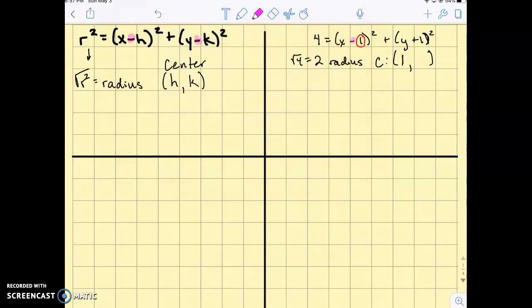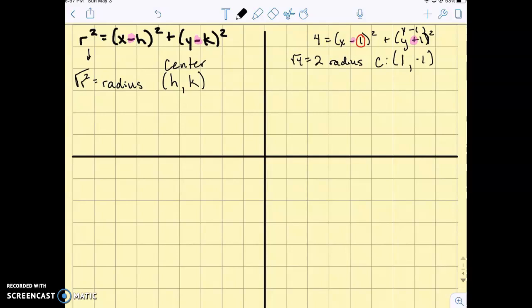But look over here. Oh shoot, that says plus. But the formula tells me that it should be y minus something. So since the value next to y is positive, that means the k value is actually negative. So my h value is 1, my k value is negative 1.